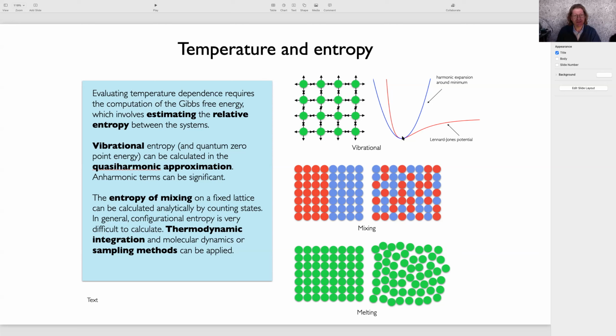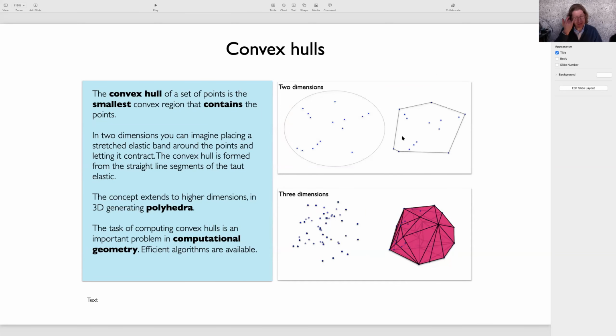These are sophisticated techniques using molecular dynamics, taking approximately good reference systems, using either molecular dynamics or sampling methods to evaluate the entropy of mixing, or even more general entropy of melting, or general larger, far from harmonic motions of a system. So anyway, entropy is difficult if you go beyond vibrational entropy, but increasingly techniques are available to help us do that.